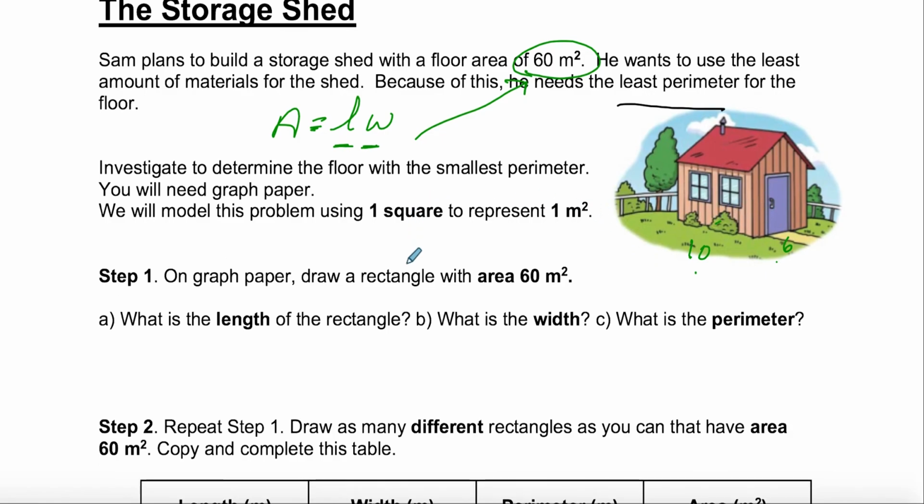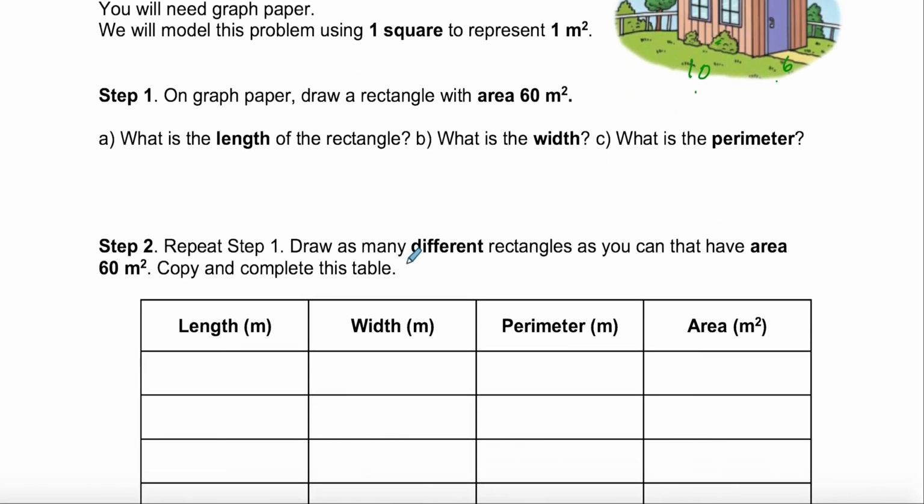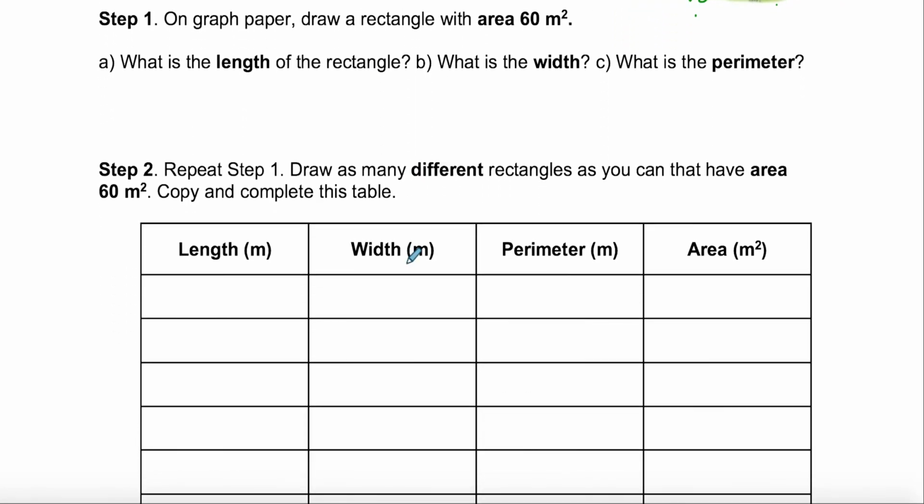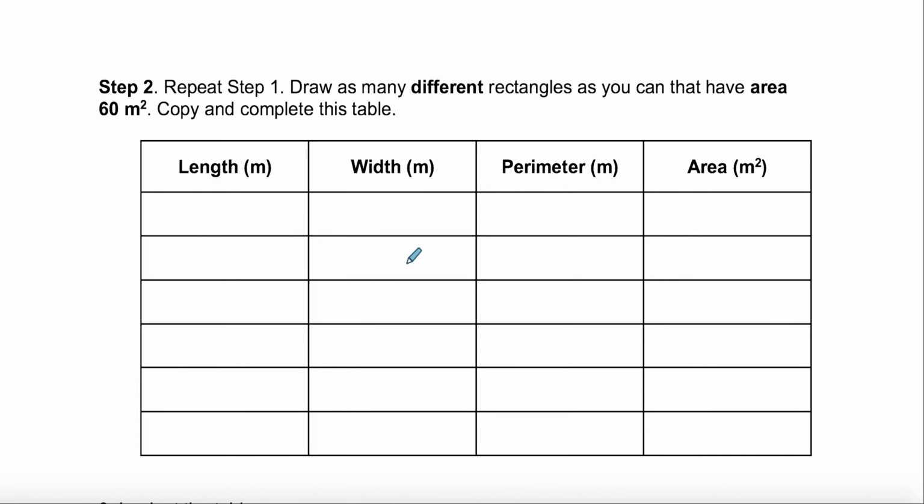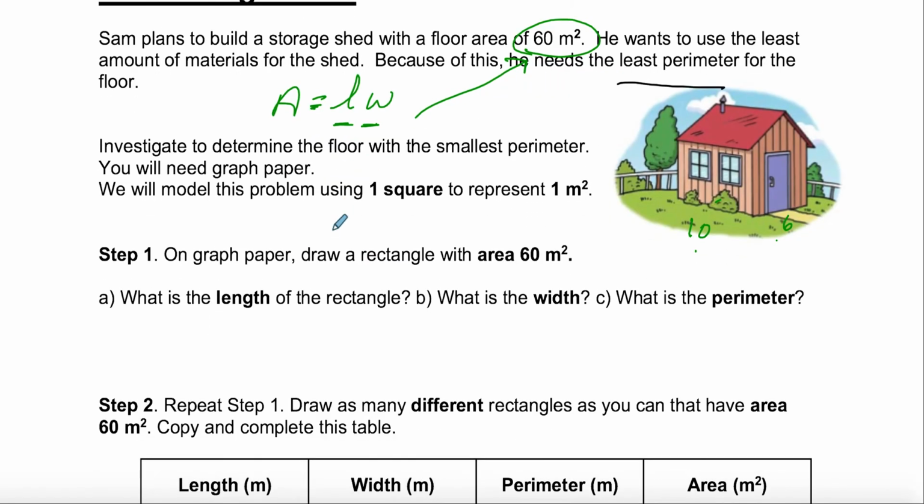Okay, so I want you to come up with some different ones and fill in this table. Table's a little smaller this time. Different lengths and widths, and again, same rules apply. 10 by 6 is not any different than 6 by 10. Those are not two different sheds. That's just facing the other way.